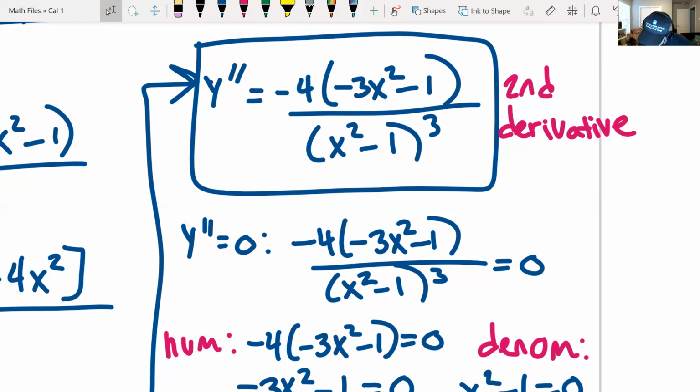Okay, -4 times -3x squared minus 1 over x squared minus 1 cubed.